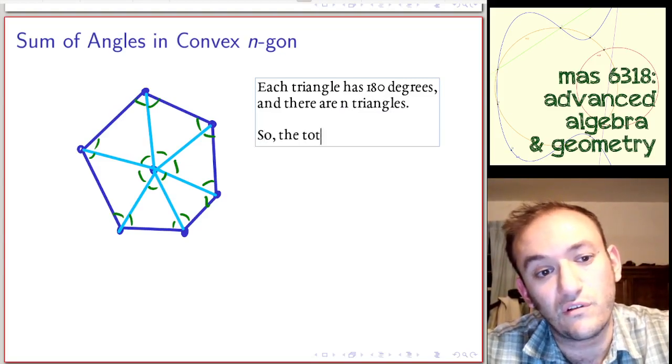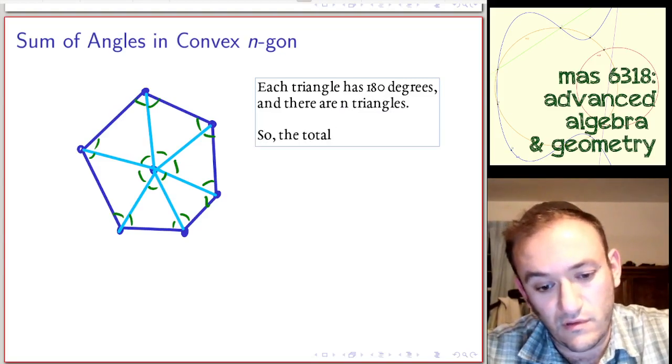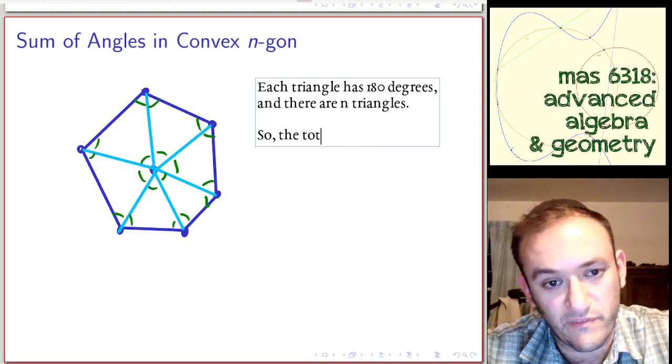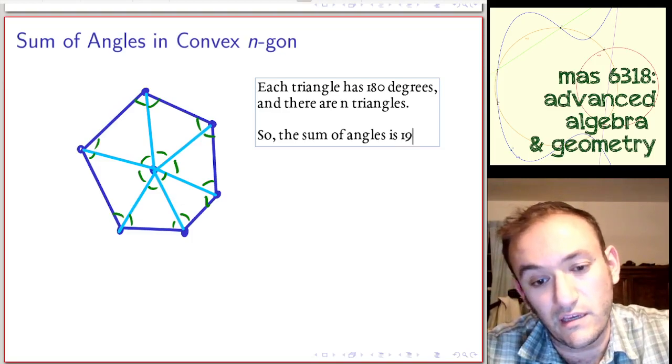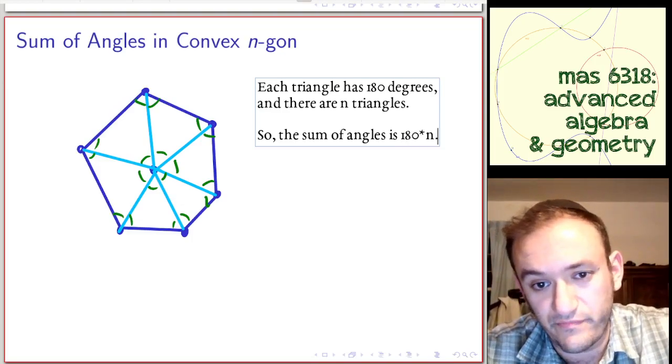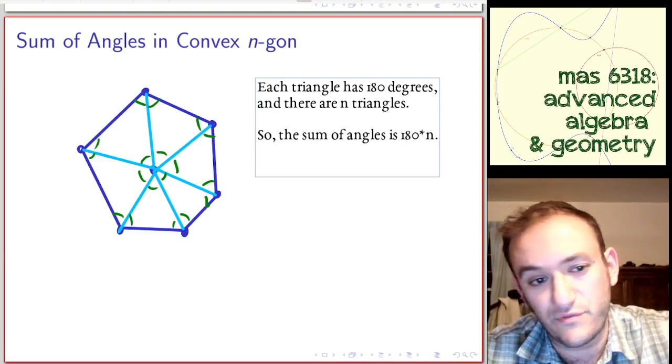So the total, or the sum of the angles, is 180 times n.